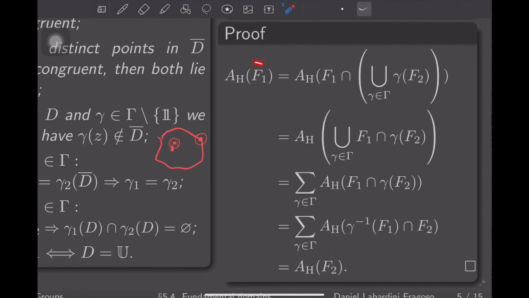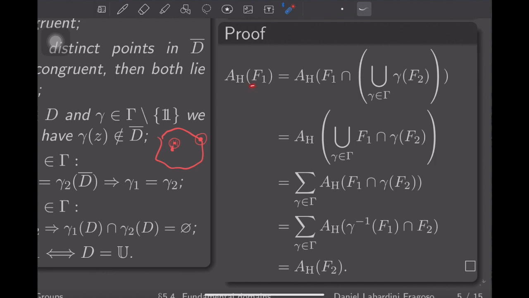So the area of one of them is, you see, F1 is how to say, you see, with F2 and all its gamma translates, I cover the whole hyperbolic plane.